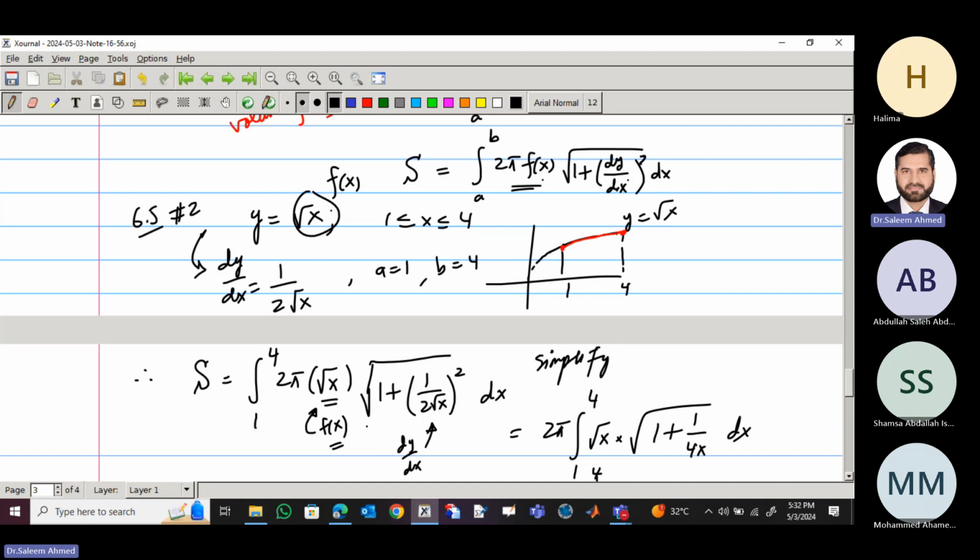So you should know what my function is. The function is given to you. Whatever curve is given, that is your f(x), the right-hand side. Then you have to find the derivative dy/dx and put these two values in the formula. So dy/dx will go here, f(x) will go here, and the formula will become this one. Then you can simplify and integrate.